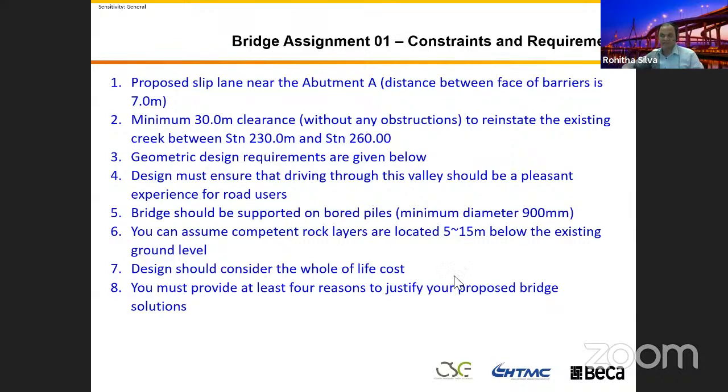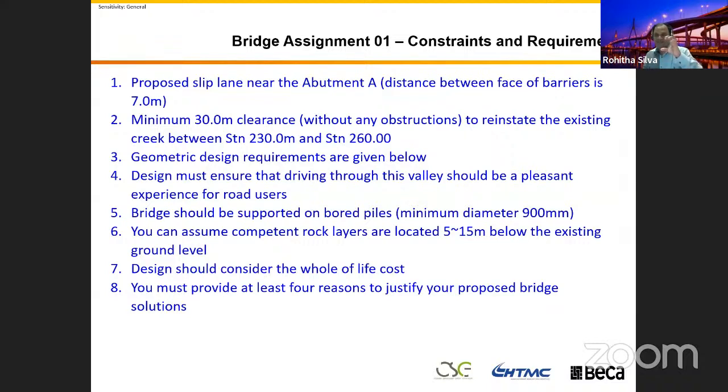No, that is not our expectation. And this bridge is built in an area where people are living, a community area in a valley. And I said the driving experience should be a pleasant experience. All those things need to be addressed. That is how whole of life cost will be addressed in the design.